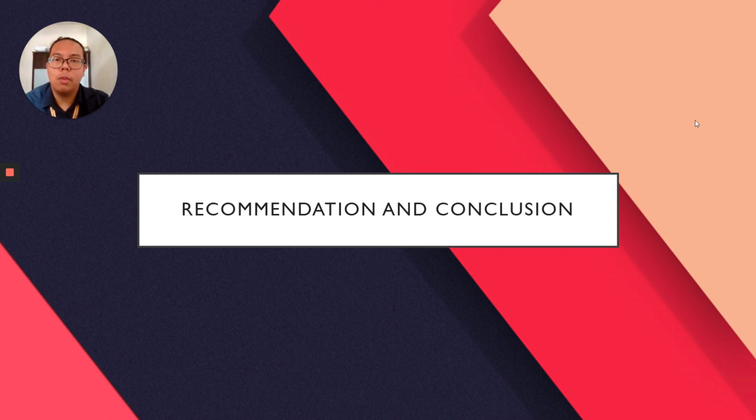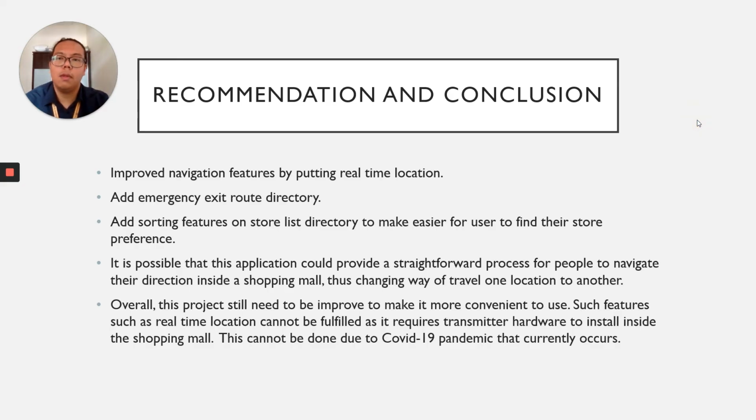So for the recommendation and conclusion, we can conclude that this project is a success, but one of the improvements that must be made is to improve the navigation features by adding real-time location, and also add an emergency exit route directory, and also add a sorting feature on the store list directory to make it easier for users to find store preferences.